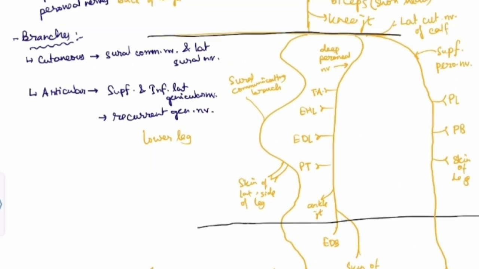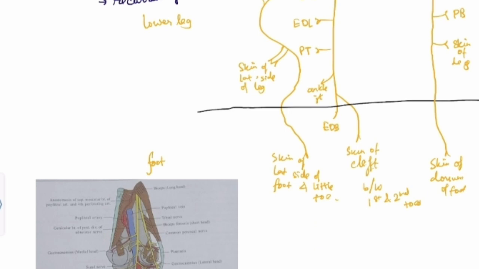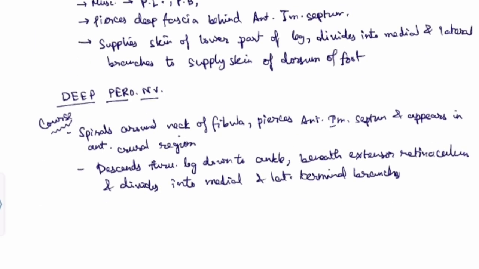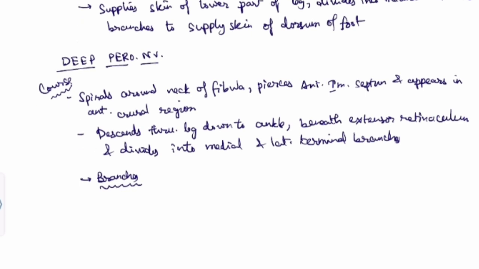I think we can see that in the end. Okay, this division. Branches: muscular supply to all muscles of the anterior crural region, and articular to the ankle joint.